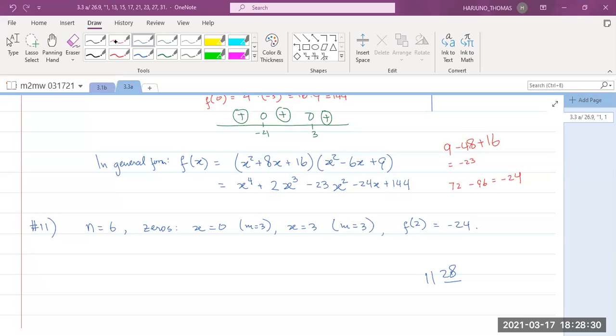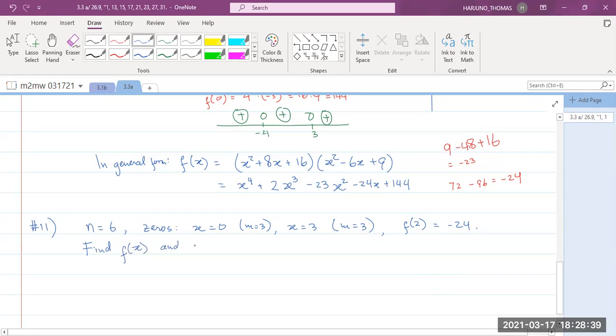So the question is find the function and sketch the graph. Find f(x) and sketch. So solution.